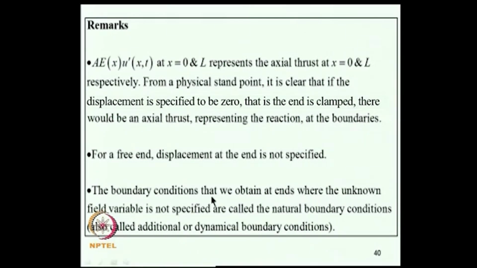The boundary conditions that we obtain at ends where the unknown field variable is not specified are called the natural boundary conditions, also called additional or dynamical boundary conditions. There is a wide range of terminologies used here. If you read different books, you come across different types of terminologies.